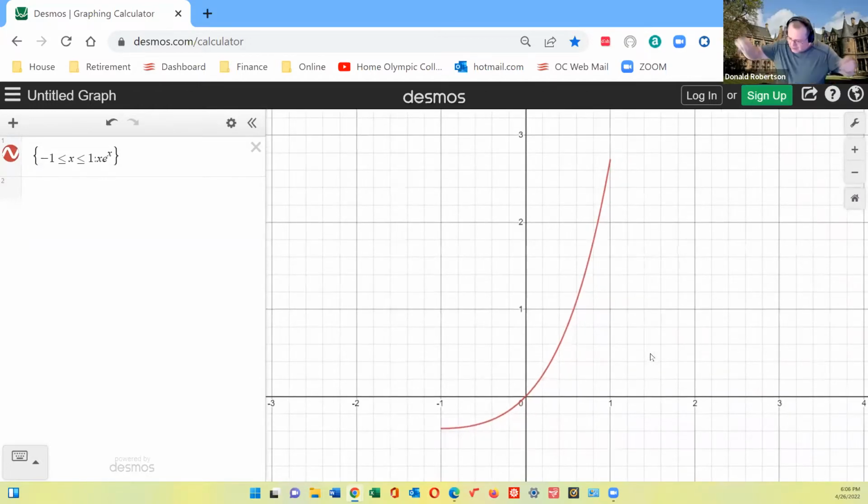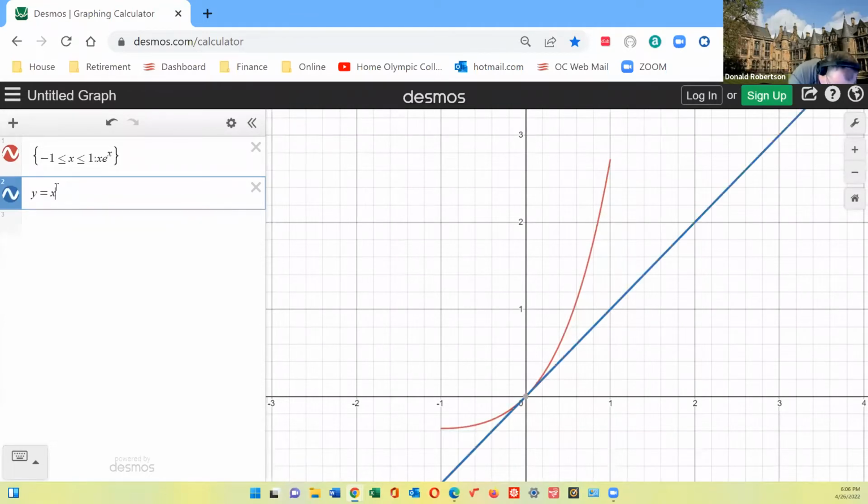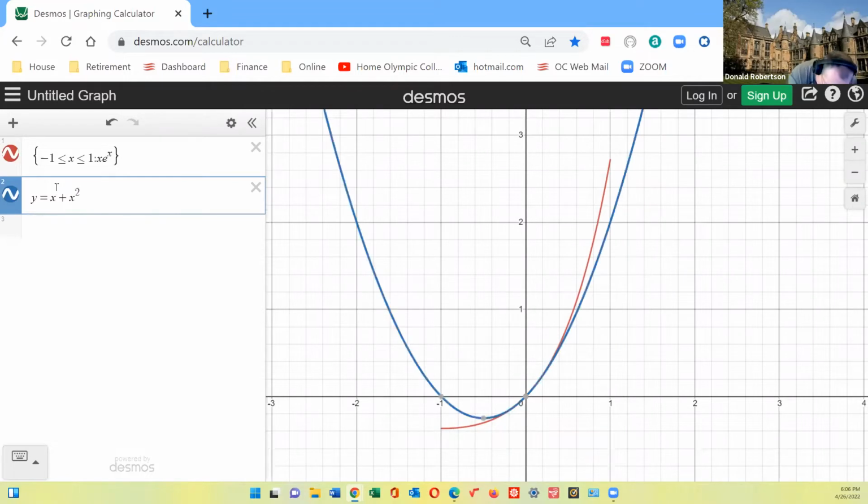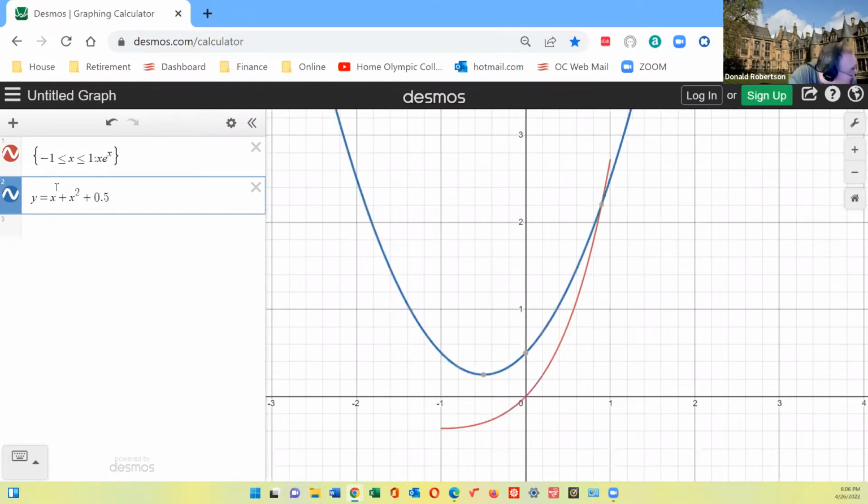If the rest of the curve's in there, it's distracting. So I'm now going to put in T3 of x. And T3 of x is y equals x plus x squared plus 1/2, which I'm just going to call 0.5 x cubed.